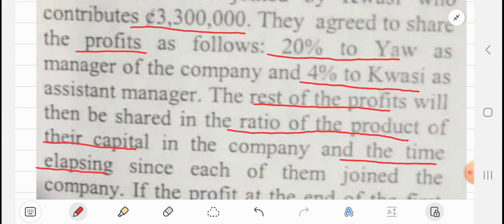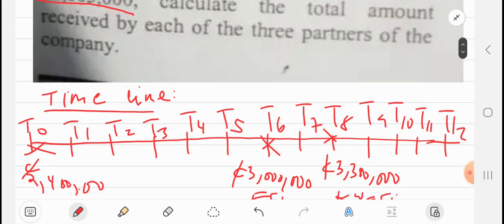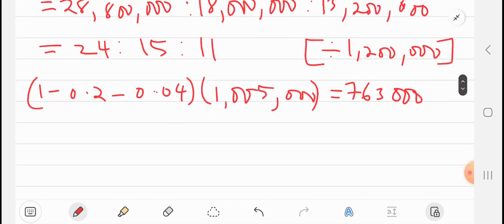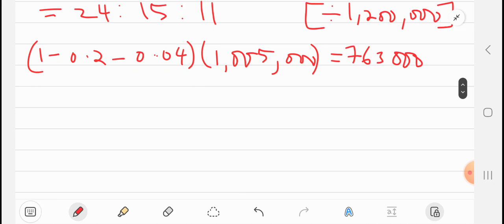The rest of these profits are obtained by removing 20% for you and removing 4% for Kwasi. Okay, so this is what we get. And these are the rest of the profits. So now we're going to look at Yo's share. Yo's share is 763.